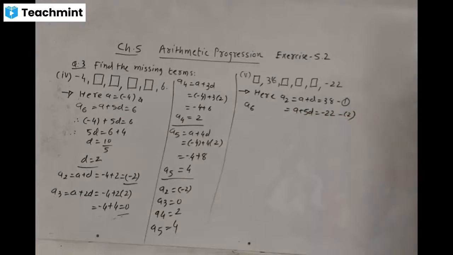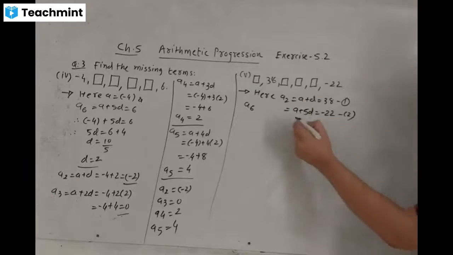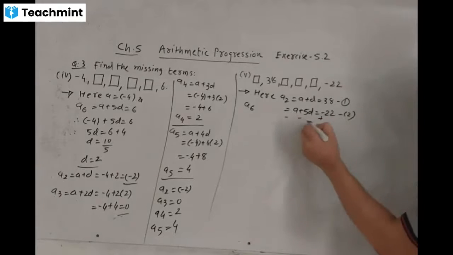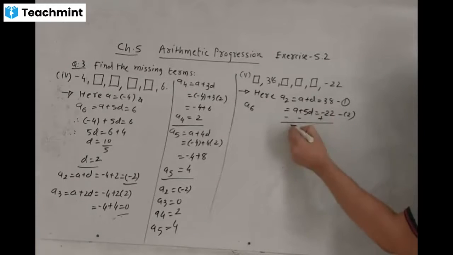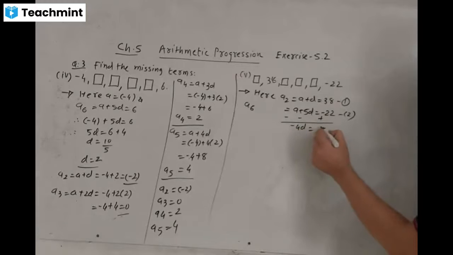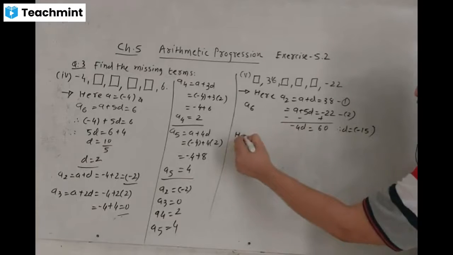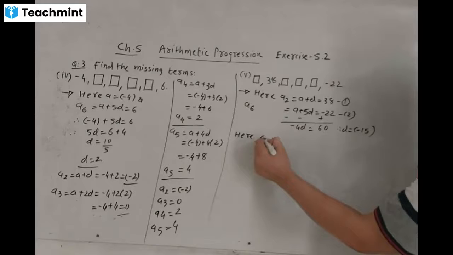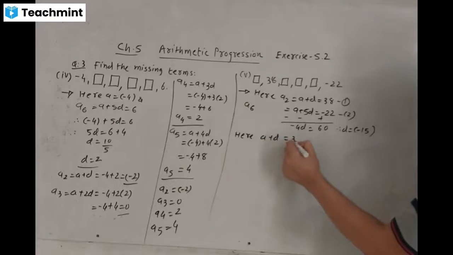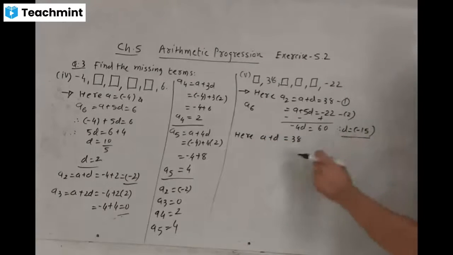Solve by the elimination method. Minus, minus, plus. Therefore, minus 4d is equal to 60. Therefore, d is equal to 60 by minus 4, that is minus 15. So here a plus d is equal to 38, d is equal to minus 15.